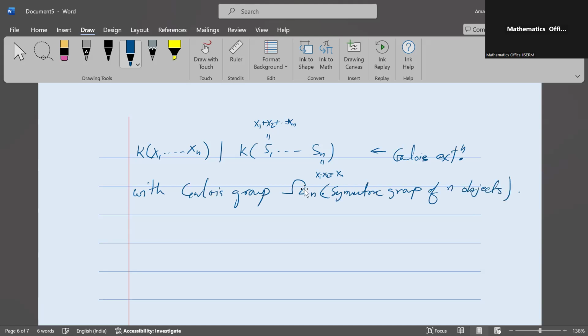So this was a Galois extension, this part C.